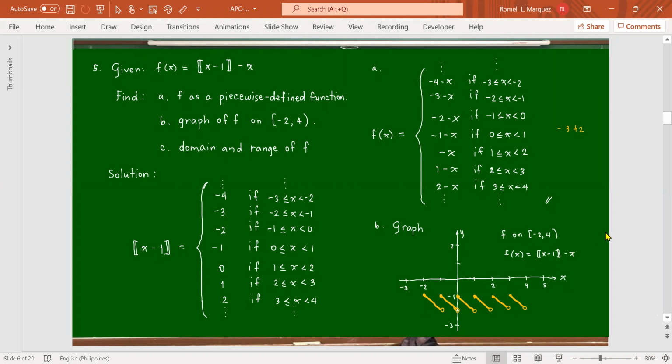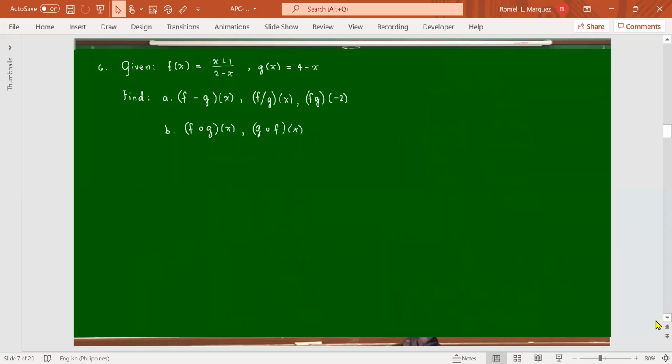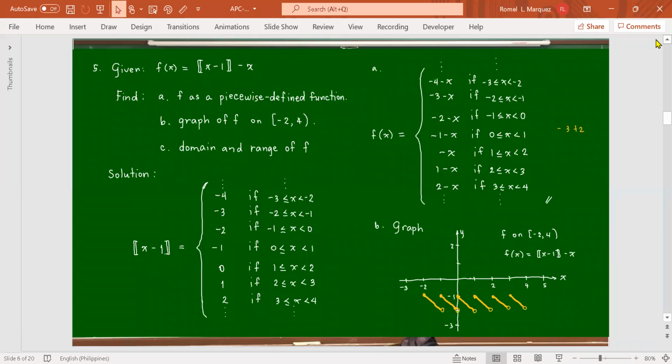Guys? None, sir. What about the domain, guys? I don't have space anymore. I think I can put the domain here. What's the domain, guys? So letter C, just here. What's the domain, guys? Set of all real numbers, right? What about the range?